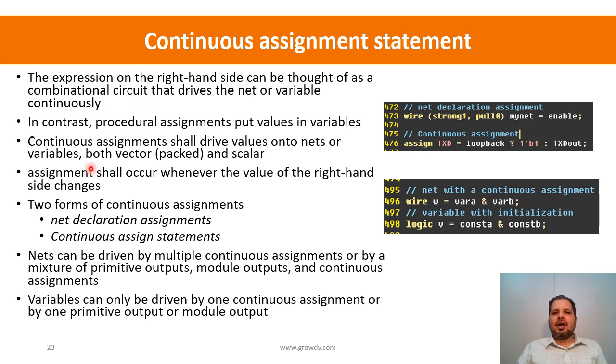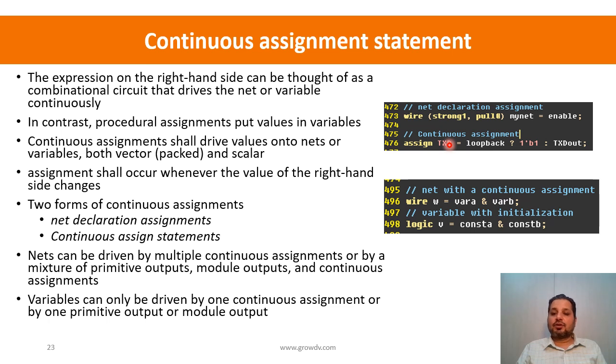But in the continuous assignment statements, the way this behaves differently is that once a continuous assignment statement has executed, let's say this assign has executed, thereon it's not just sampling the values of these variables and storing it in this particular left hand side net. That's not what is happening.